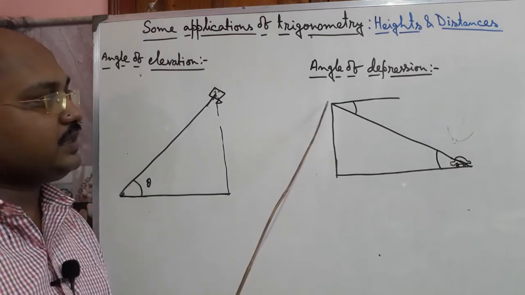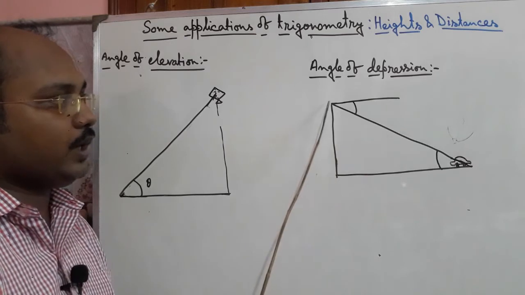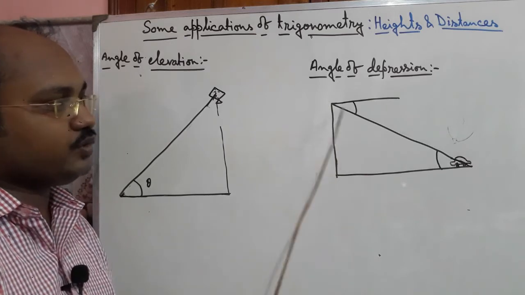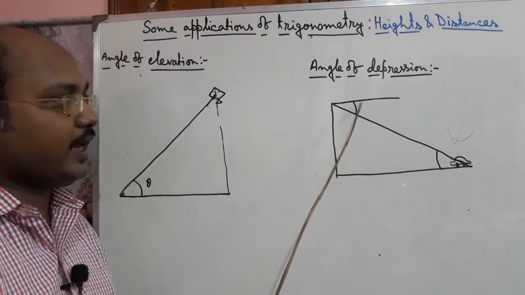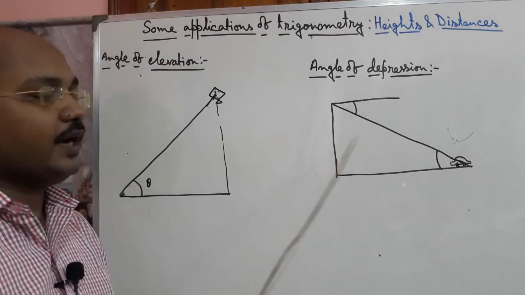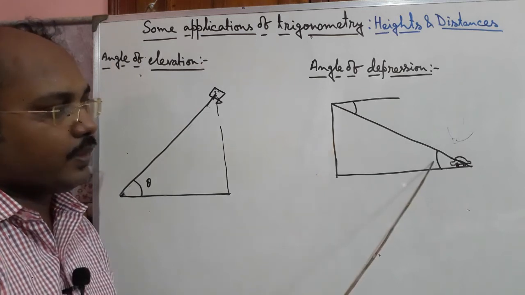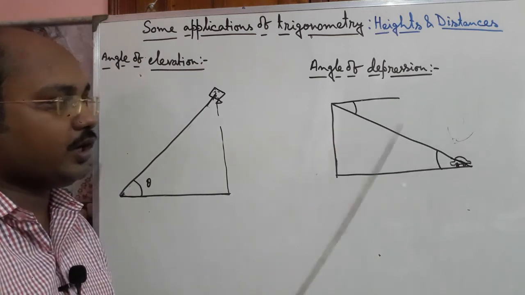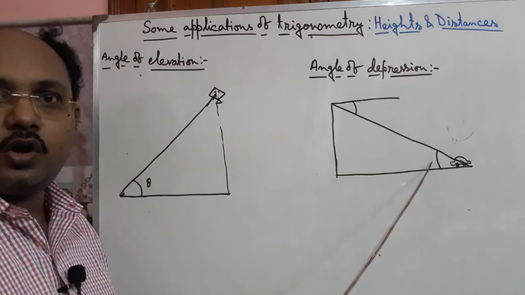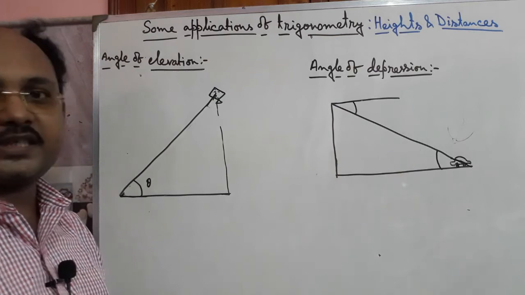This is the horizontal level of your vision and you have to look downward. So the angle formed here is known as angle of depression, and this angle is equal to this angle because they are alternate interior angles. So these angles are known as angle of depression.